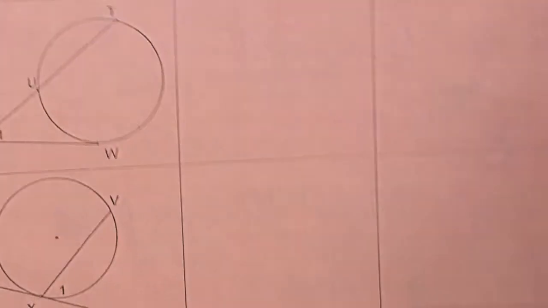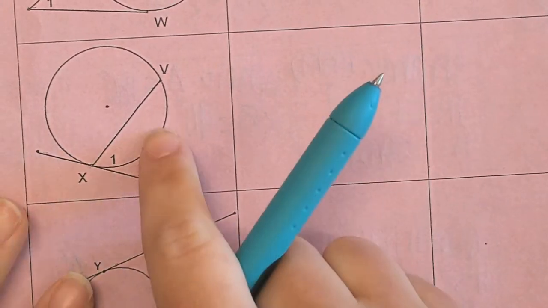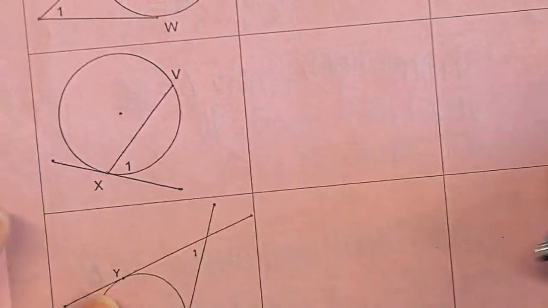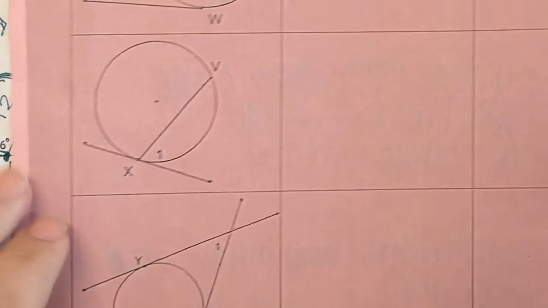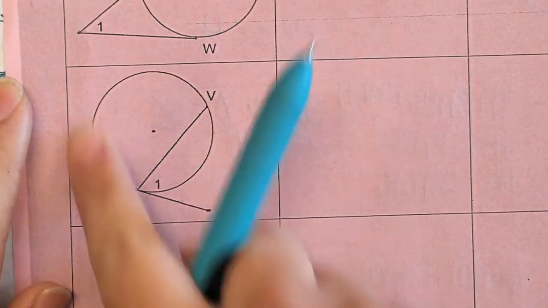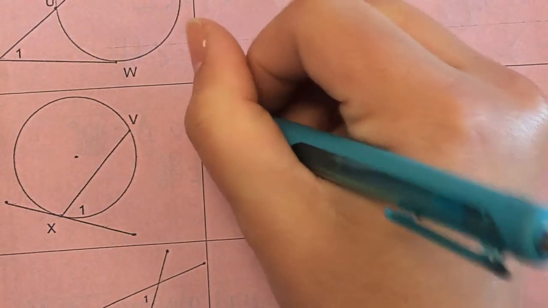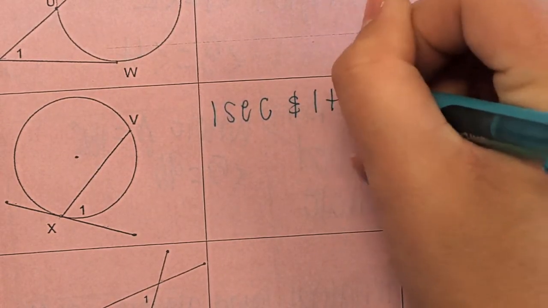Okay, so go down here to, it's actually the second to the last one. So look at this one. This is the one we're talking about. Okay? What's happening is we had one secant line and one tangent line.